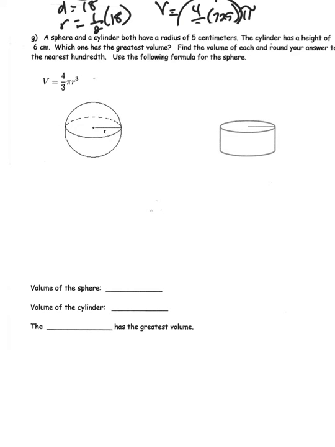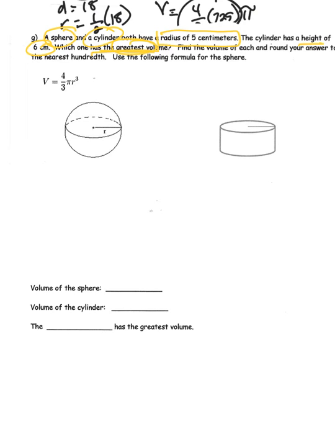Our final problem is a former state problem, a New York exam problem. They give us a sphere and a cylinder, and both, they say, have a radius of 5 centimeters. The cylinder has a height of 6 centimeters, and they ask us which one has the greatest volume.